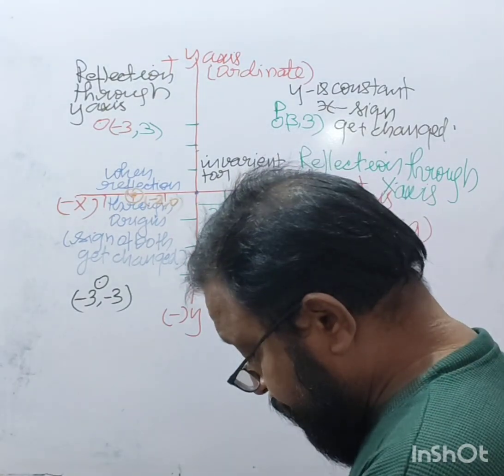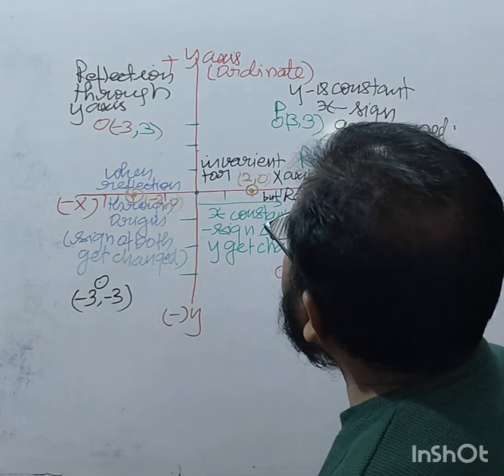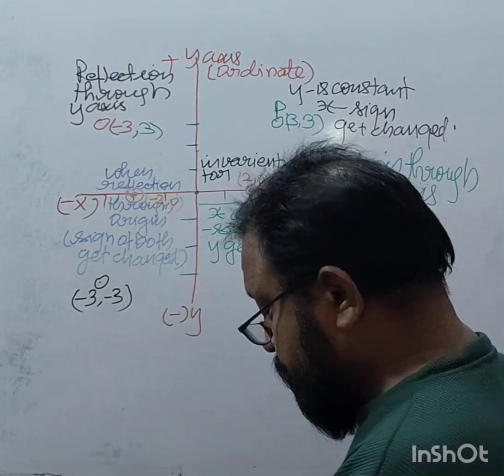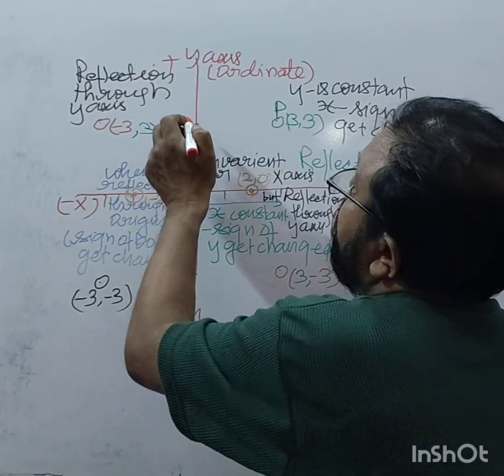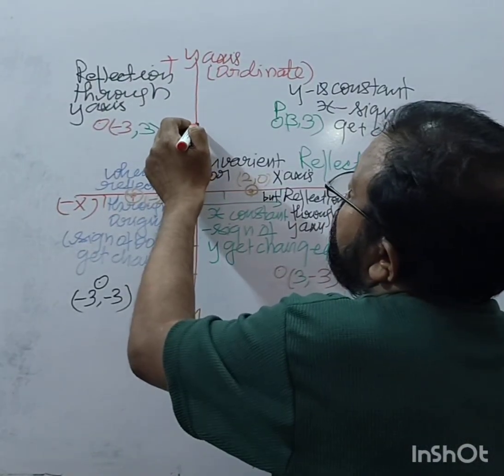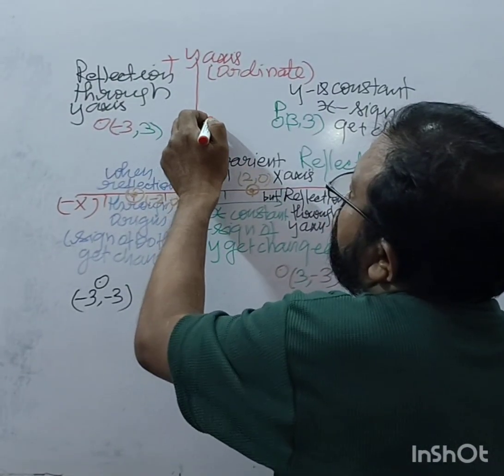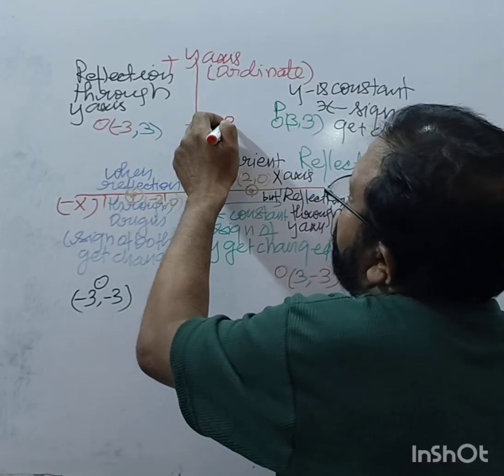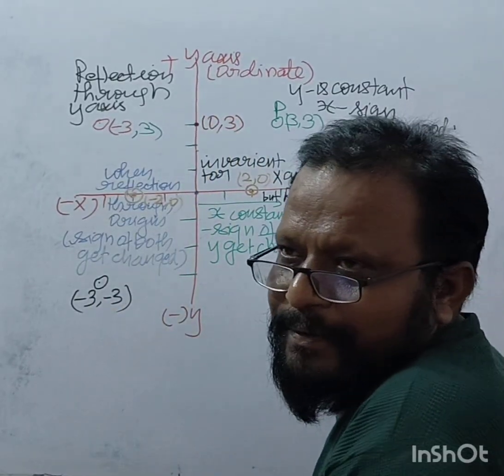Similarly, if you take a point here, zero comma 3, right?